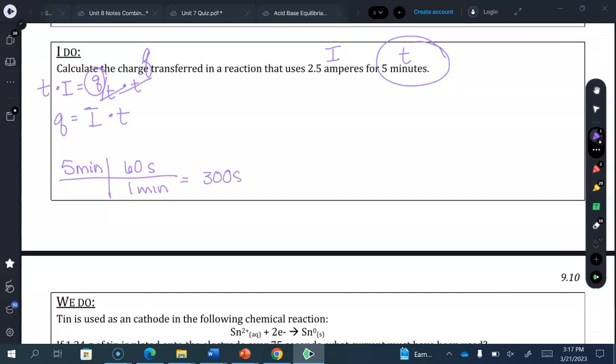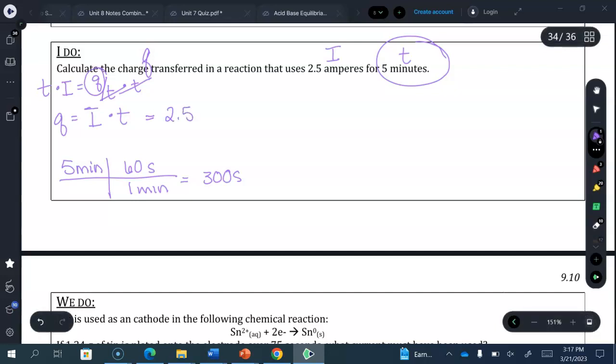So now since I have that, I can plug it into this equation where I is 2.5 amps. And if we remember that, that is coulombs per second. So I'm going to write coulombs over seconds, and I'm going to multiply that by my 300 seconds.